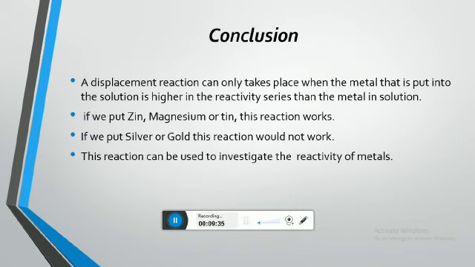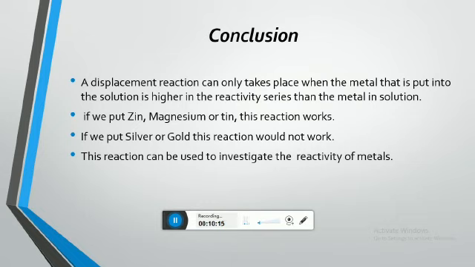So the conclusion: a displacement reaction can only take place when the metal put into the solution is higher in the reactivity series than the other metal in the solution. For example, in the above reaction we discussed, if we put zinc, magnesium and tin into the copper sulfate solution, the reaction will occur because the reactivity of zinc, magnesium, and tin is higher than copper.